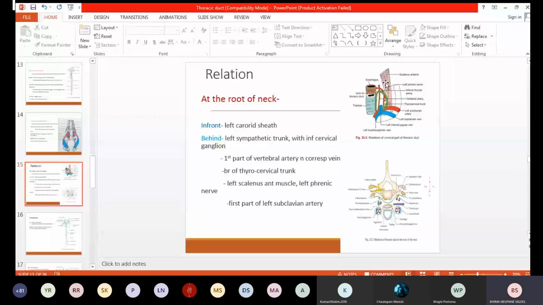Anterior to this scalenus anterior muscle is the left phrenic nerve, which supplies the diaphragm, as its name itself suggests. So the left phrenic nerve is also related anteriorly to the scalenus anterior muscle and posterior to the thoracic duct.